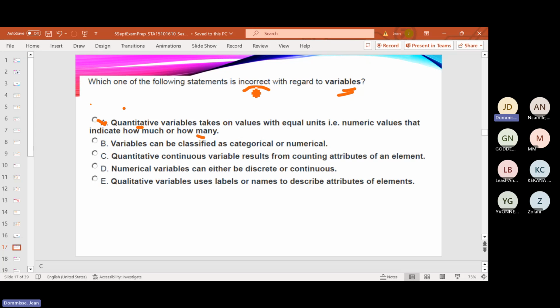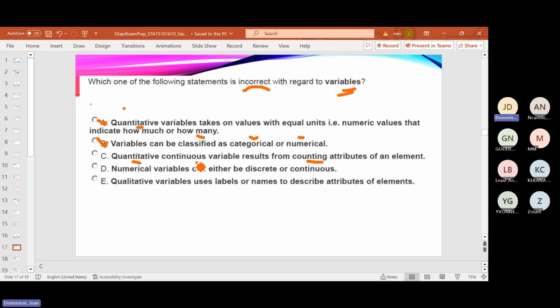We're looking for incorrect, so we still need to go on. Variables can be classified as categorical and numeric. That's correct. Quantitative continuous variables results from counting attributes of an element.